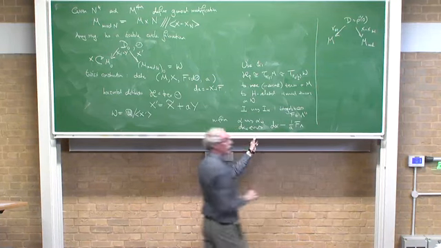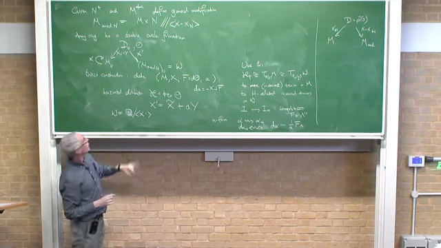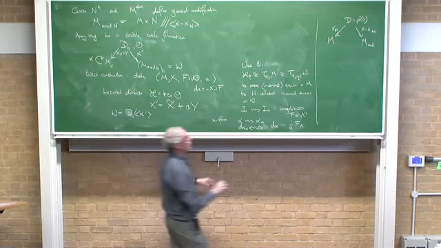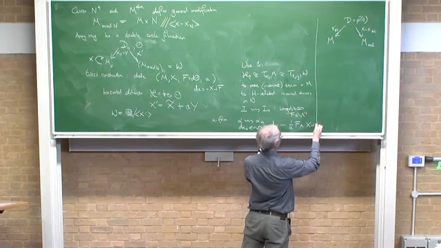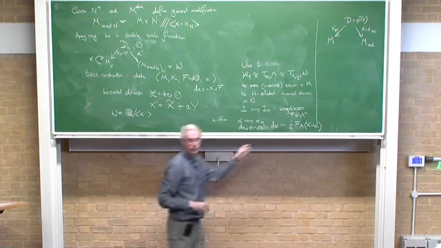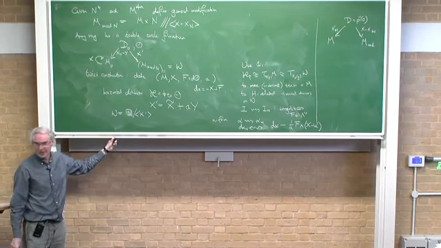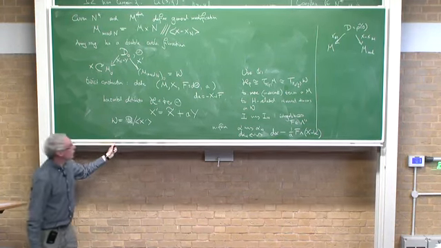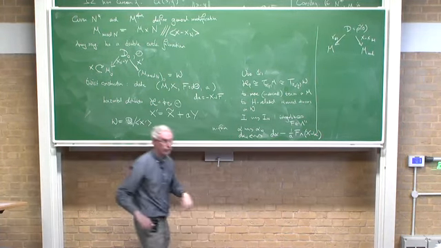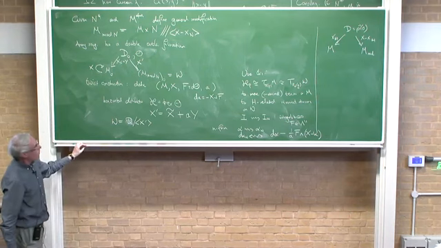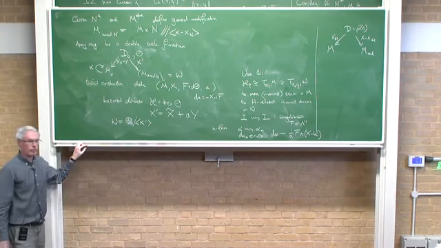You increase the degree by 2 by wedging with this curvature F, and then you reduce the degree by 1 by contracting with X, which is sort of a strange thing, but everything's set up so the square of this operator is 0. And that's very bad for symplectic structures.